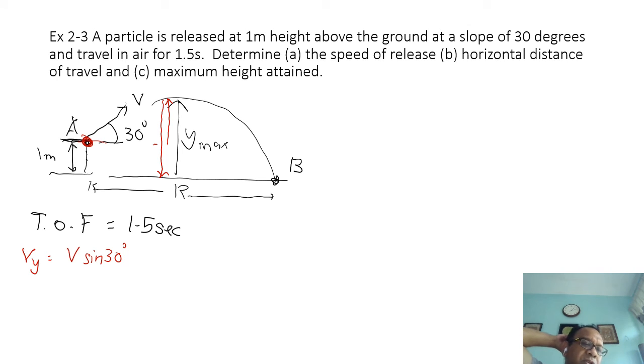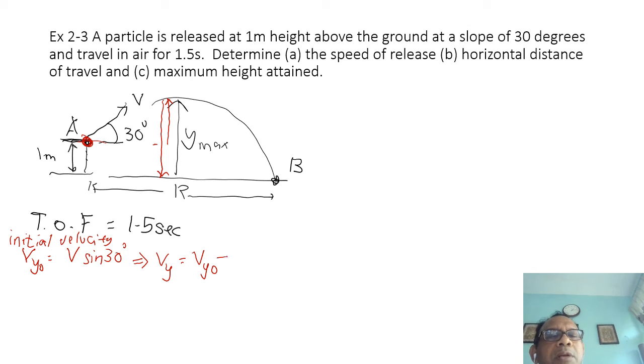So the time of flight is, let's see, Vy equals V sine 30. This is Vy naught, the initial velocity. So that we know that Vy equals Vy naught minus gt.